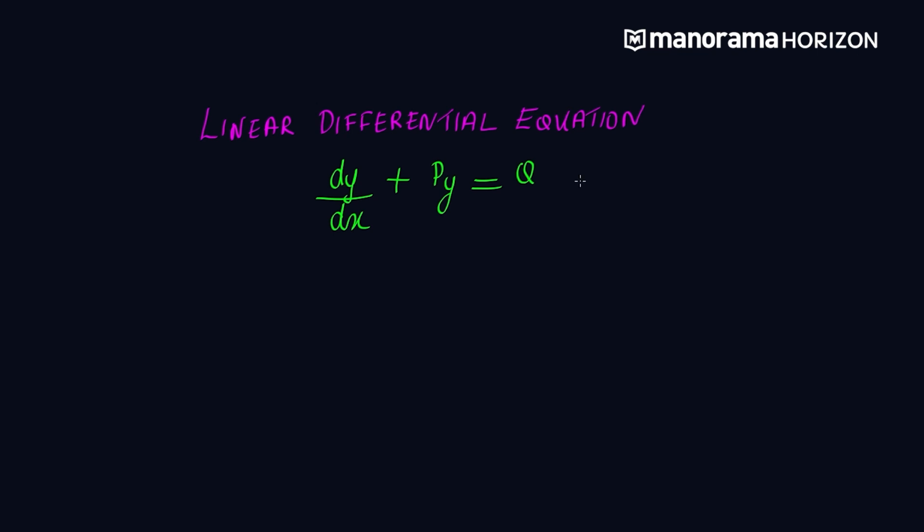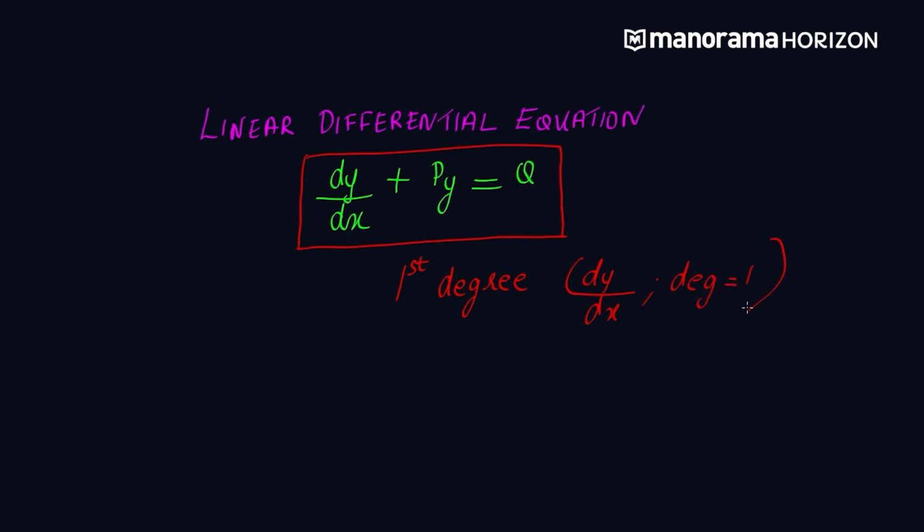So, the linear differential equation dy by dx plus py is equal to q. From the name linear, we can understand these differential equations have only first degree derivatives. As you can see, there is only dy by dx with degree 1.